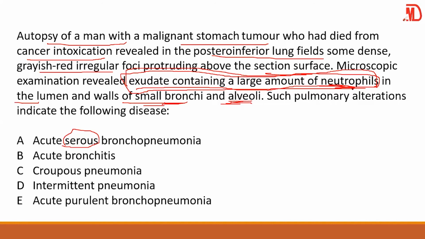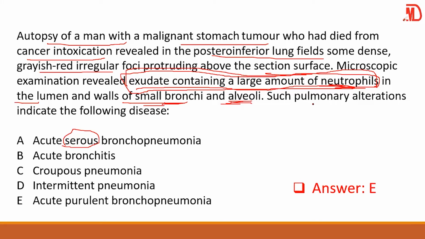In serous, you are thinking of a clear fluid. And it would have been stated clear fluid, but this is not a clear fluid. This is a purulent fluid. So you are thinking of acute purulent. That means pus is present because of neutrophils.